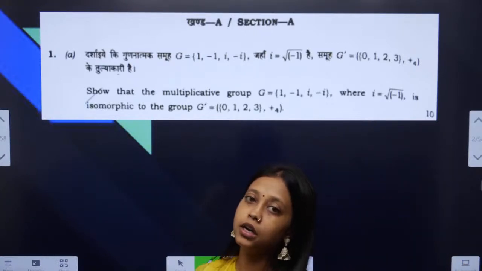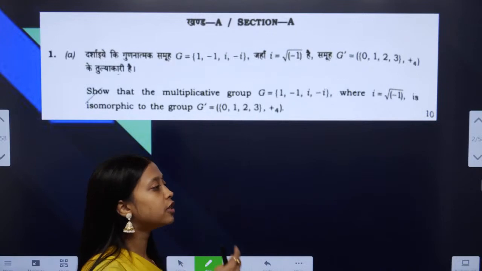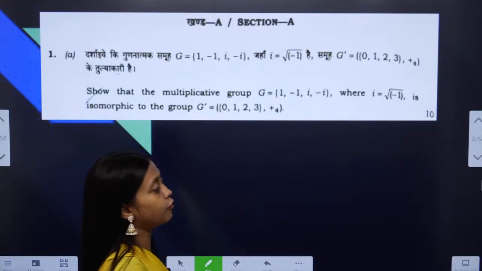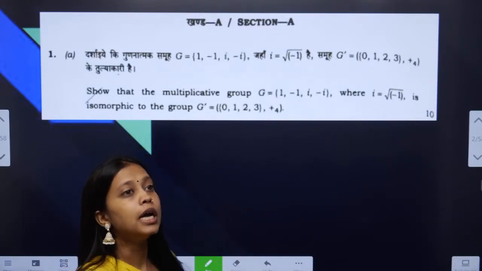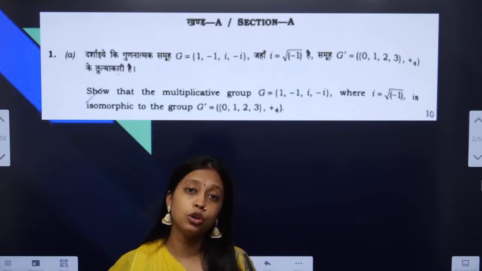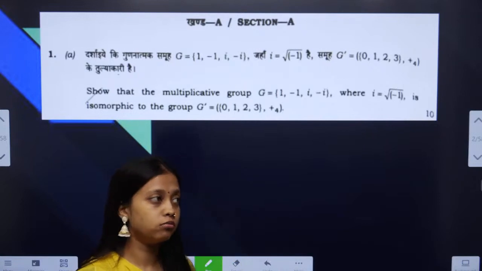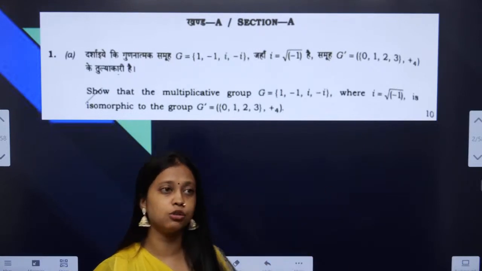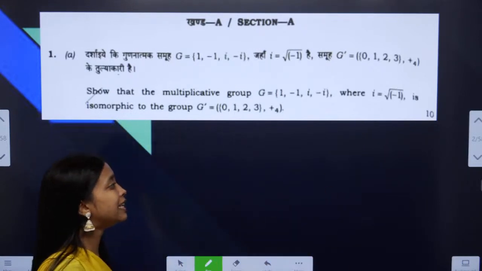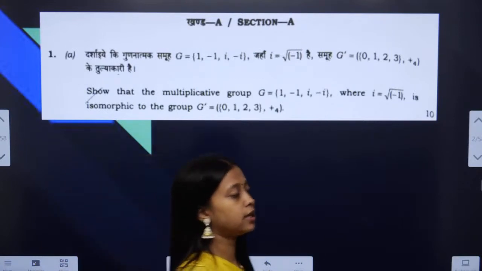See, algebra, the modern algebra part, that is the first subject of your paper 2, actually requires a lot of time. This particular topic, group theory, ring theory, and a small portion of field is also there, and the real analysis also takes some time.